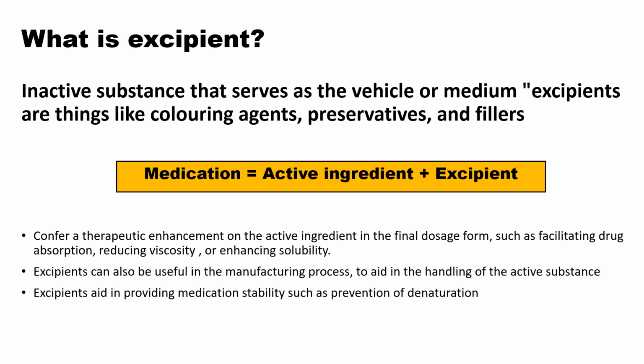It can also be useful in the manufacturing process by the pharmaceutical industry, and it helps us in handling the active substance of a medical preparation. The excipient also aids in providing stability, such as prevention of denaturation.